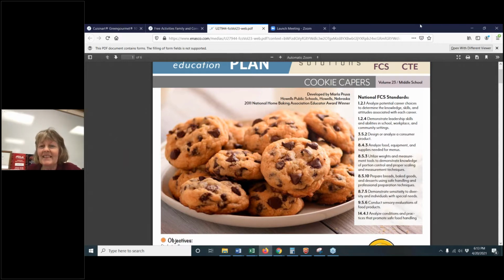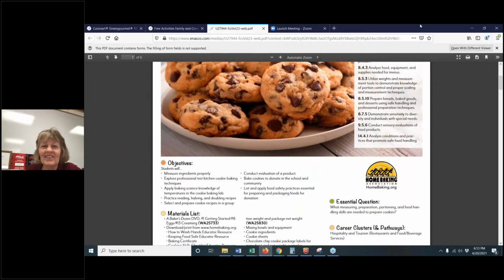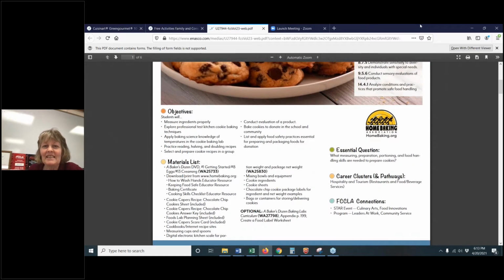When we look at the objectives of this lesson plan, it's to measure ingredients properly, explore professional test kitchen cookie baking techniques, which is always good, apply baking science knowledge of temperatures in the cookie baking lab, practice reading, halving, and doubling recipes, and then also to select and prepare cookie recipes in a group, conduct evaluation of a product, bake cookies to donate in the school and community, list and apply food safety practices essential for preparing and packaging foods for donation.